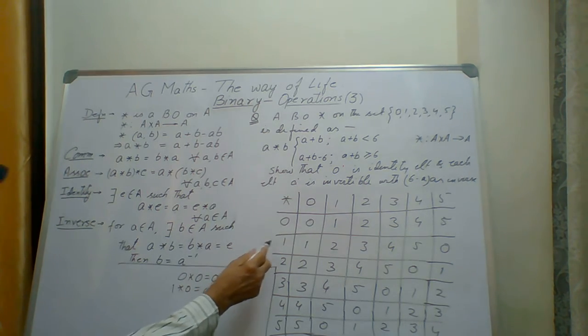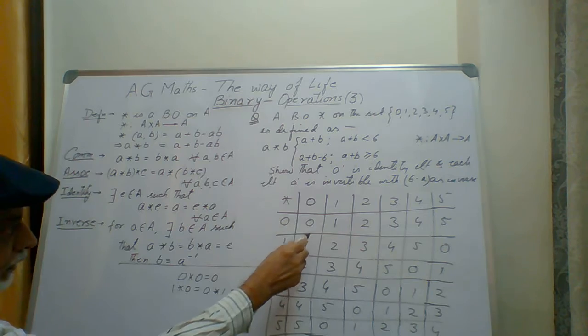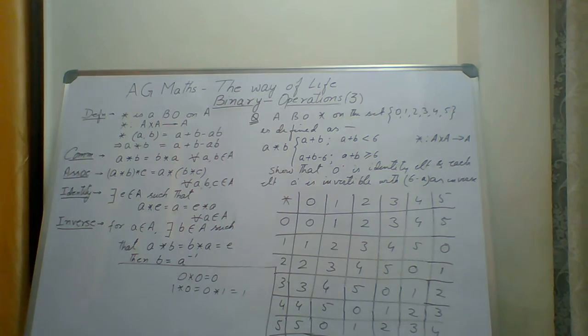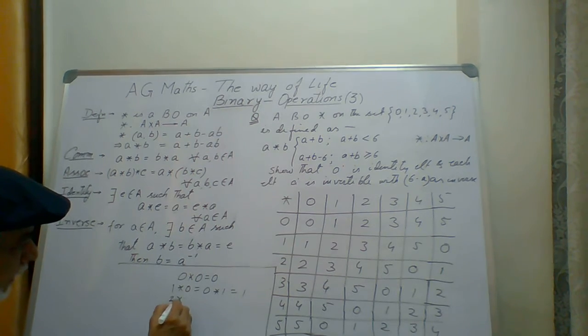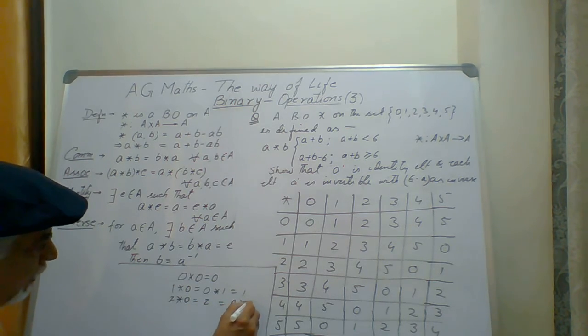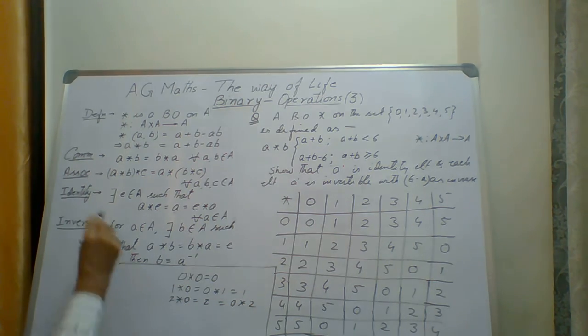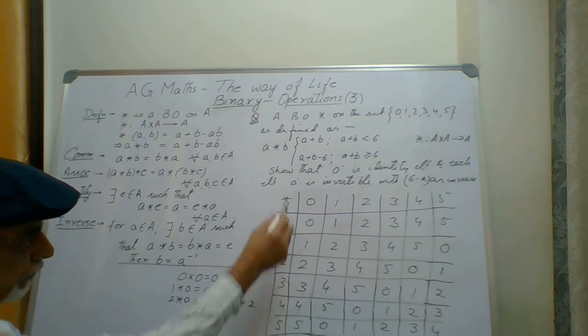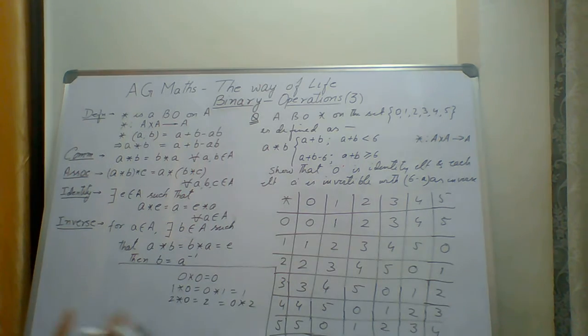You see, 1 binary 0 is 1 and 0 binary 1 is also 1. So that is valid. Similarly, we write 2 binary 0 is equal to 2 and also equal to 0 binary 2. So 0 is becoming the identity element. So we have proved it, and likewise it will happen everywhere. 3 with 0 is 3, 4 with 0 is 4. So the same element is coming. So that is what proves that 0 is the identity element.